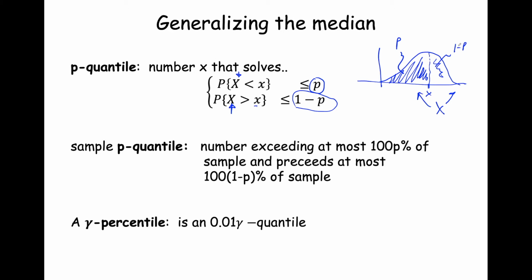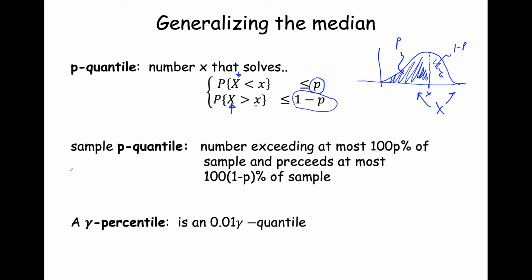The sample p-quantile is the sample version of the p-quantile. And the sample version, formally, is a number such that the number of observations, because remember it's a sample, exceeding it is at most 100 times p, read as a percentage of the sample, and the number preceding it is at most 100 times 1 minus p.